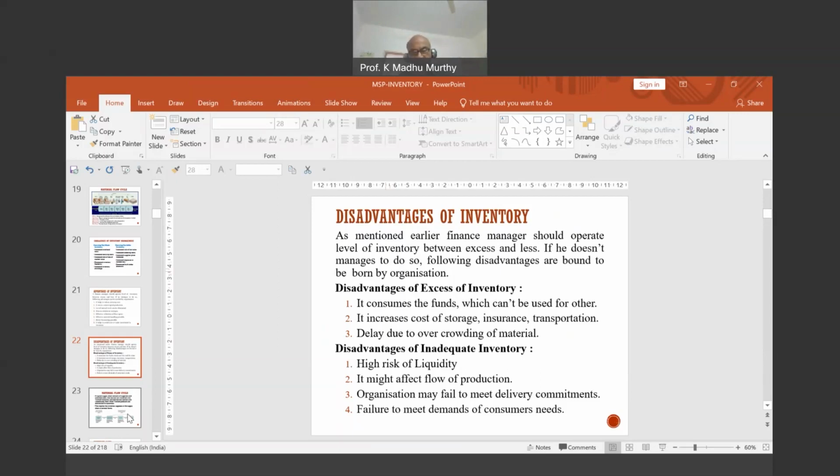And the disadvantages of not having enough inventory is you go out of stock, with high risk of liquidity. And going out of stock affects the production process or production flow, material flow, and the organization cannot meet its commitments to the market, delivery commitments, and naturally we would not be able to satisfy our customers' demand.